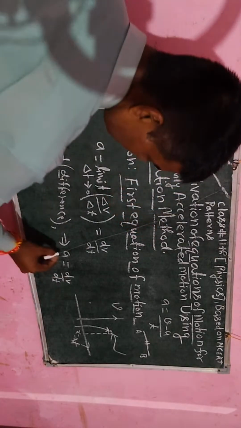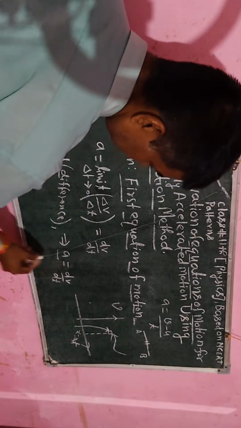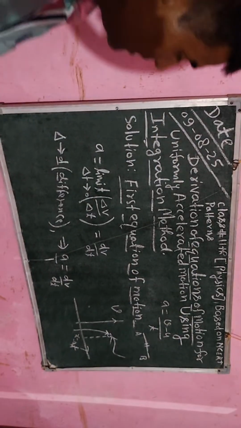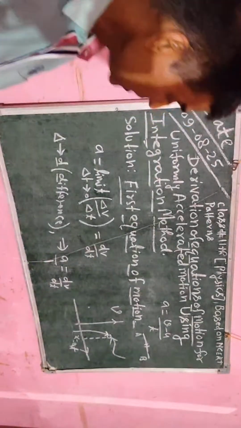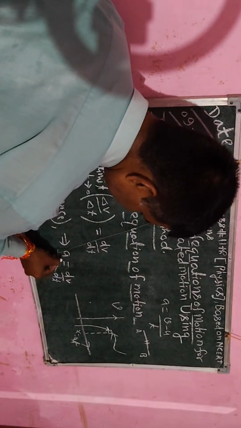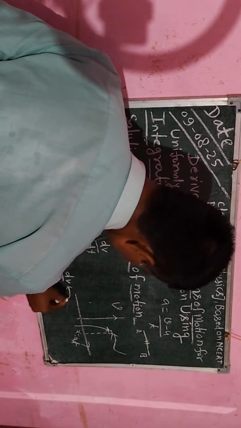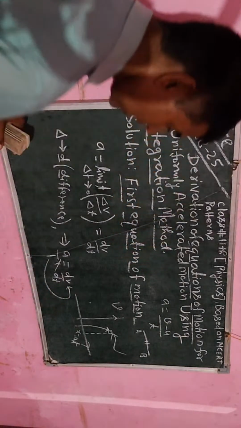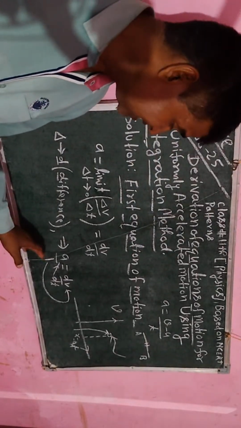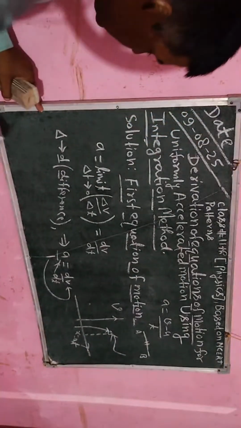Again I will write here, implies that a is equal to dV divided by dt. Now here I will write a divided by 1. There will be no change in my solution. Now one concept I am going to use. Here dt is multiplied with a and this one is multiplied with dv, because this is known as cross multiplication. Each and every student has to know this properly.